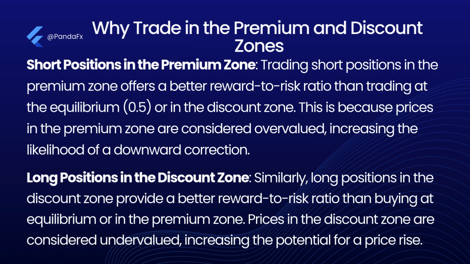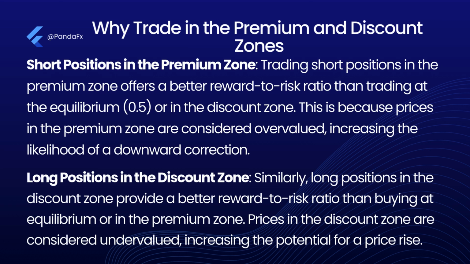This is because price in the premium zone is considered overvalued, increasing the likelihood of a downward correction. If you are taking a short position in the discount zone, price is still considered undervalued, so there is still potential that price can rebound and go up more into the premium, or even take out an order.